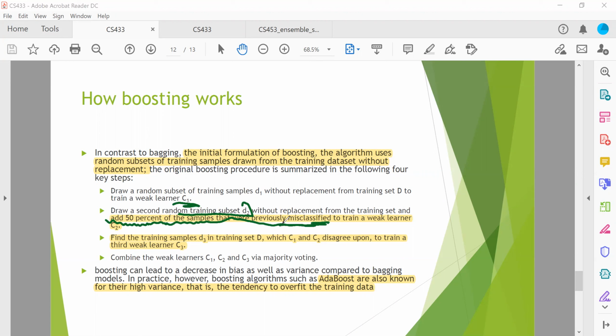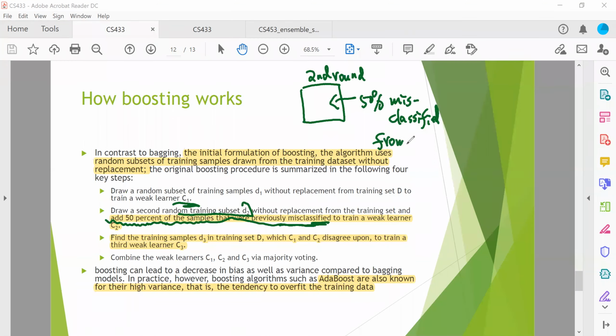So in your second round training data set, you add 50% of misclassified samples from the first round, from D1 basically. This is D2. That's why we call it boosting.